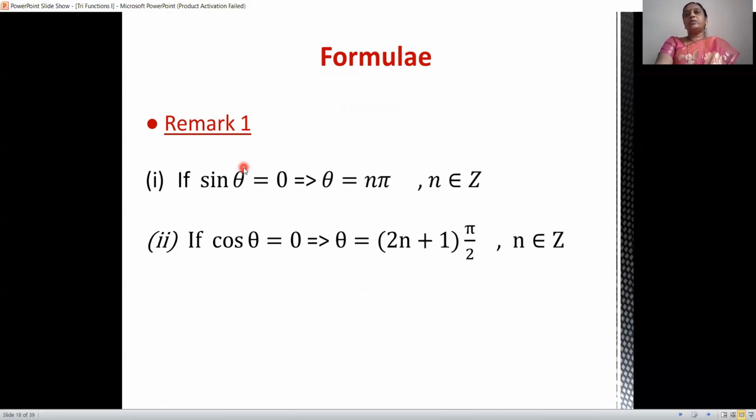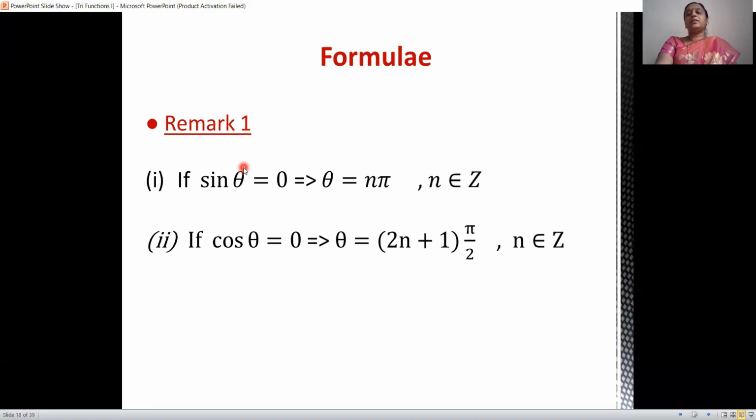All the infinite solutions are collected in the formula theta is equal to n pi, where n belongs to Z. Means for sin theta is equal to 0, all the solutions are in this formula theta is equal to n pi. Therefore, for sin theta is equal to 0, theta is equal to n pi is the general solution. Again, for cos theta is equal to 0, what is the general solution?